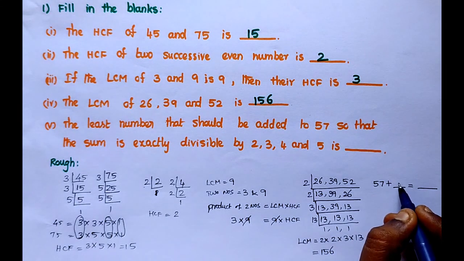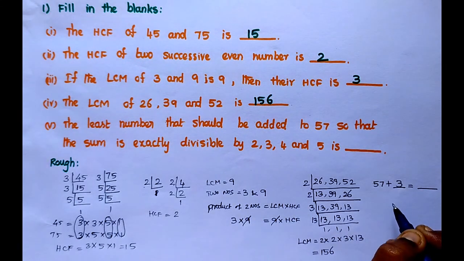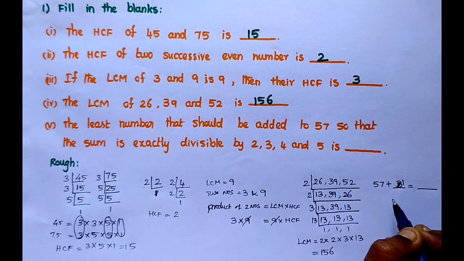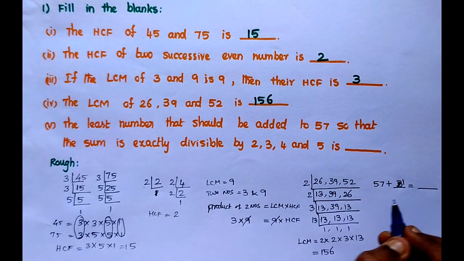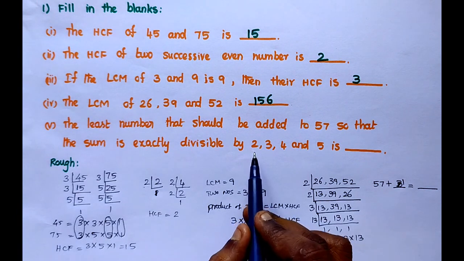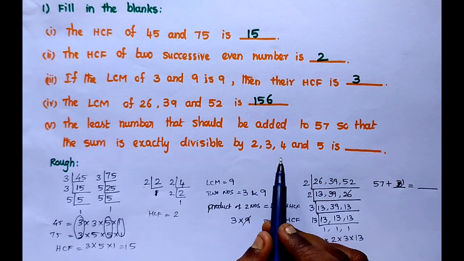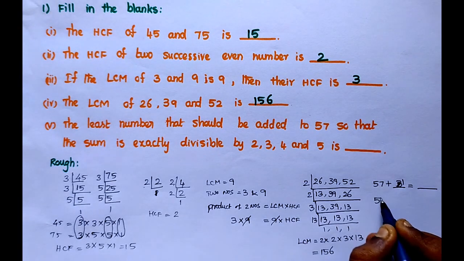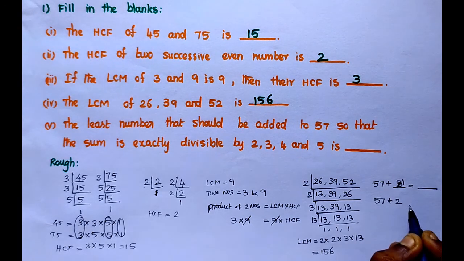Which number is this? Add 3. First add 1, that is 58. That is divisible by 2, not divisible by 3. So that is not.